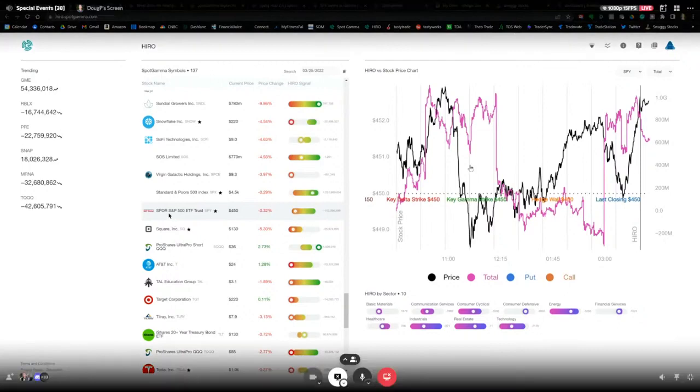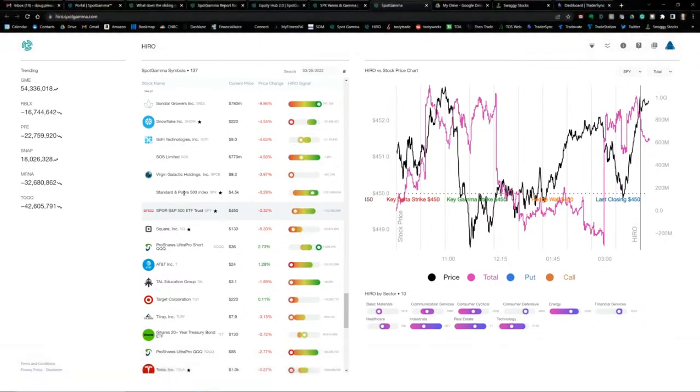It is interesting the way he's separating out the puts and calls, and the relationship to price there as well.